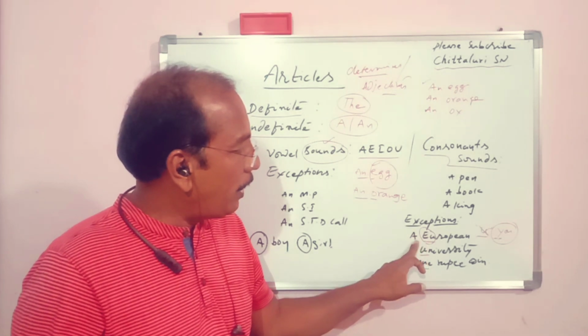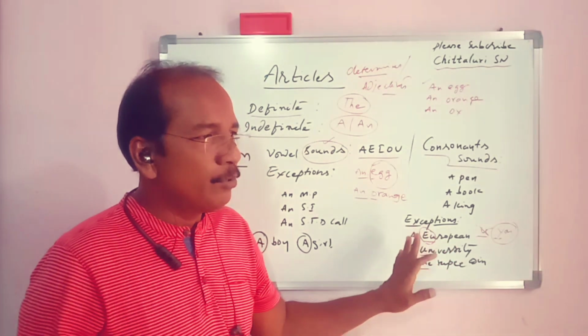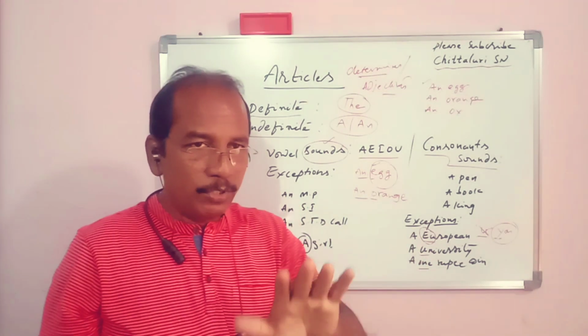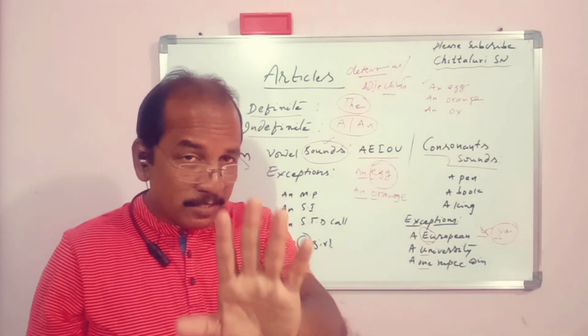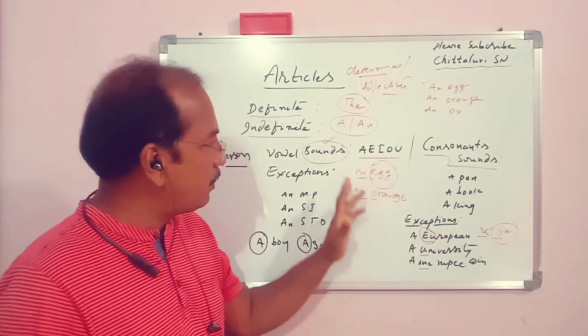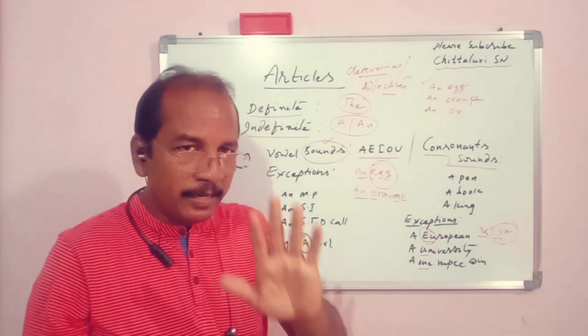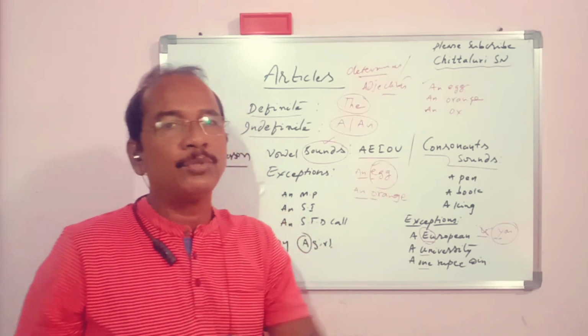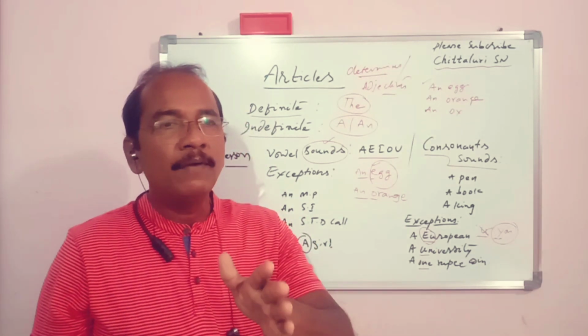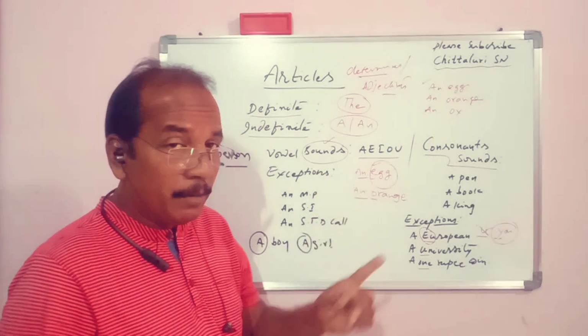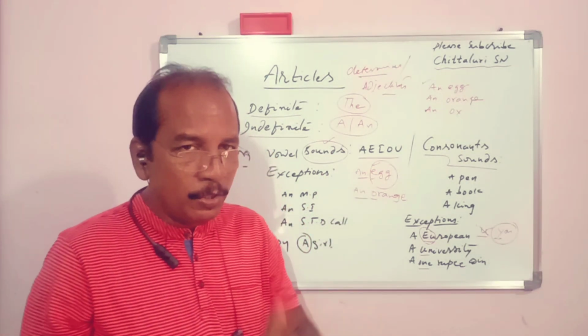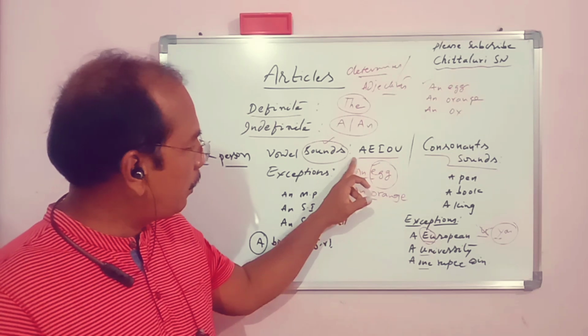That's why we used the article a for European and did not use an, because sound decides which article we should use. Before vowel sounds you are supposed to use an, and before consonant sounds you are supposed to use a.